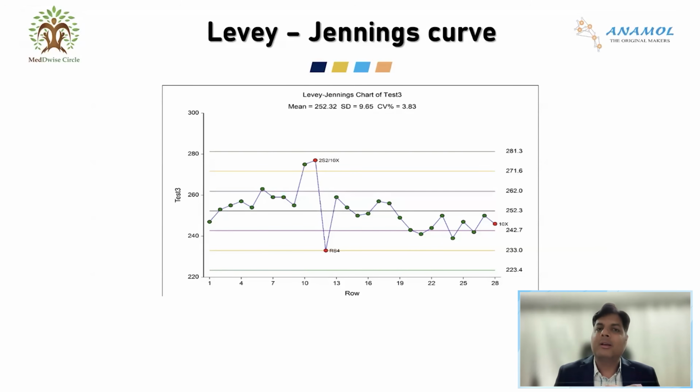Now say for example, in this control, the glucose value is in the range, but the SGOT value is not in the range. Say for example, the SGOT value has gone beyond plus 2 SD.